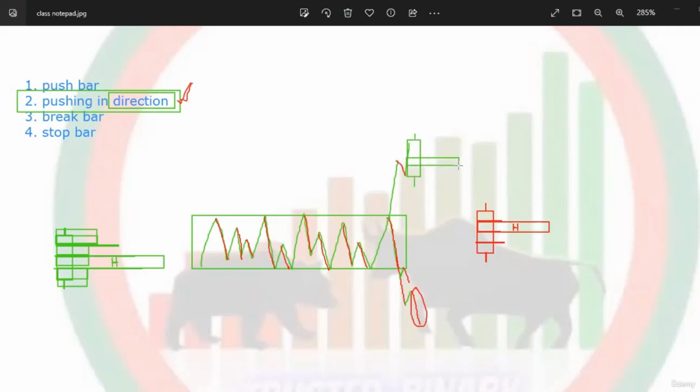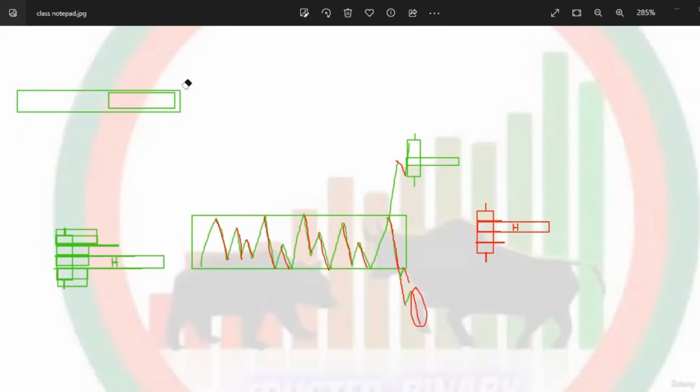So everything is okay for this situation. This direction is up, and at the middle part here, volume is high. So now we can take this one as pushing in direction, and after this type of candlestick, we can expect the next candle to go up, pushing in direction.